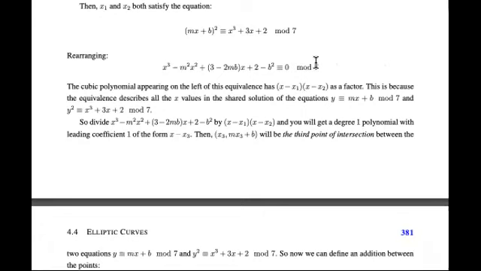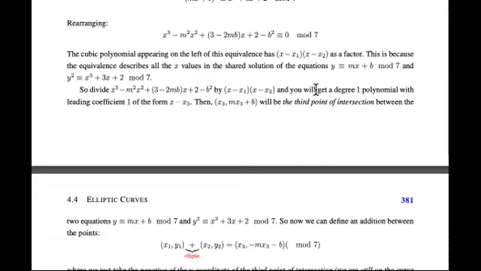A field is something where you have this nice structure of addition and multiplication working together nicely, where every element that's not zero has an inverse, and that works especially when you're modding out by a prime. So when you're modding out by a prime, this does work. Let's suppose that this is a factor.